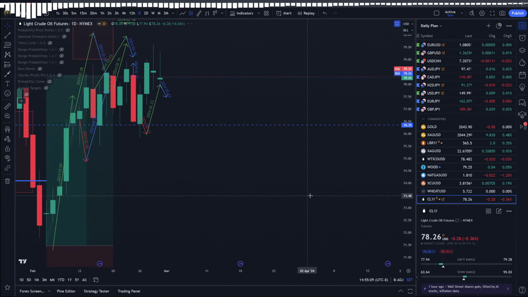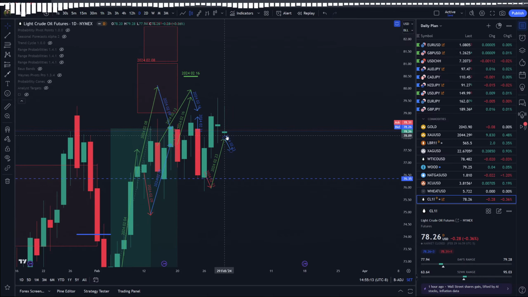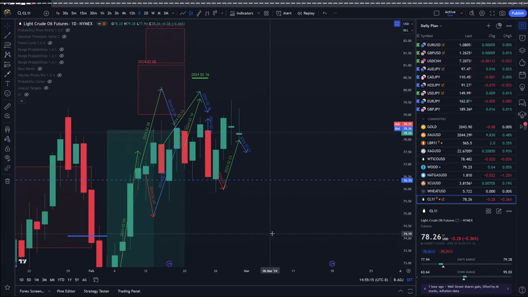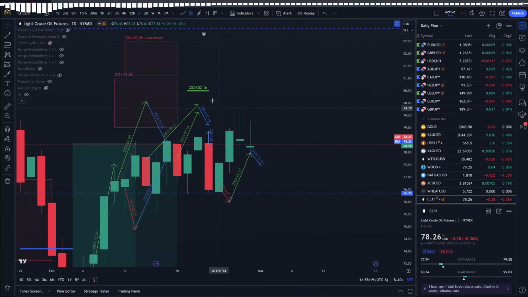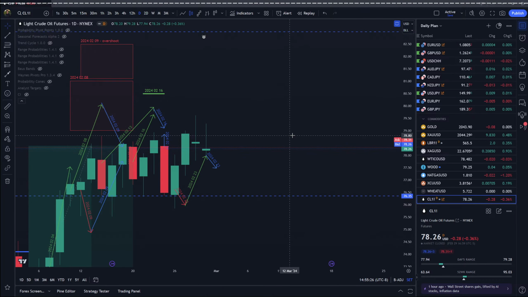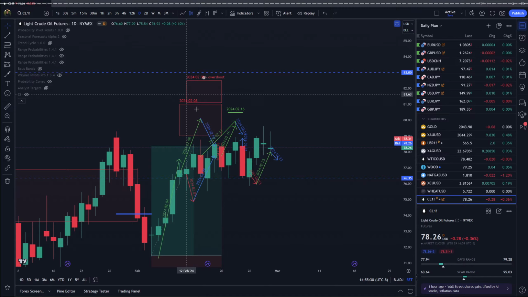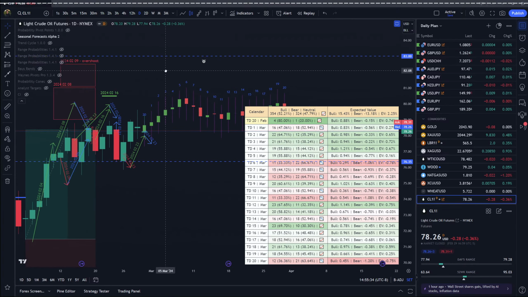On to commodities. We'll start with crude. Well, crude hit the low and exceeded our high expectation. We met our closing expectation over here. We kind of missed our expectations around here. Let's see. We saw risks of overshooting here, but it doesn't seem like oil is holding up terribly well.